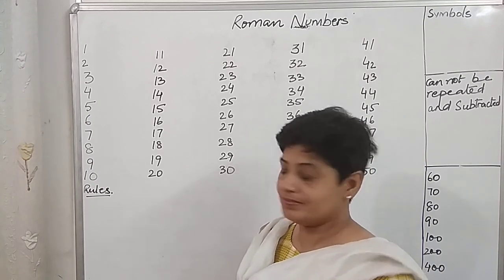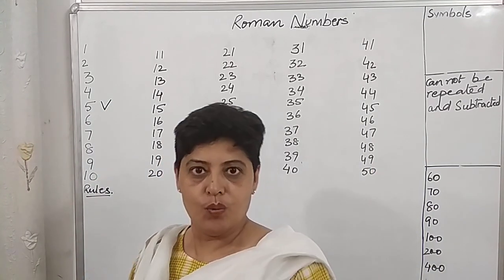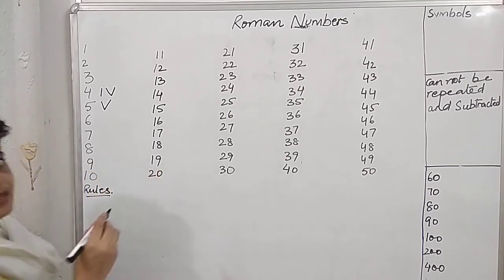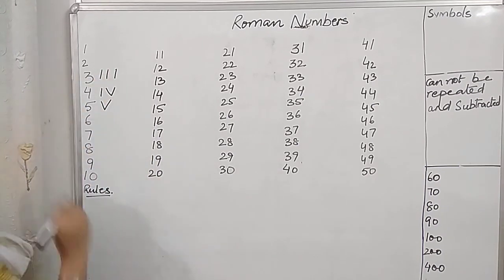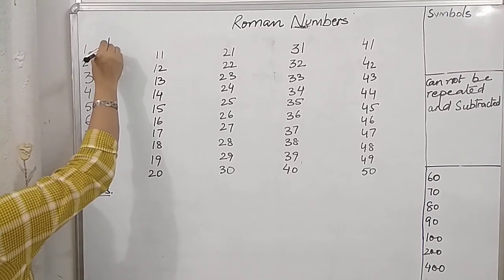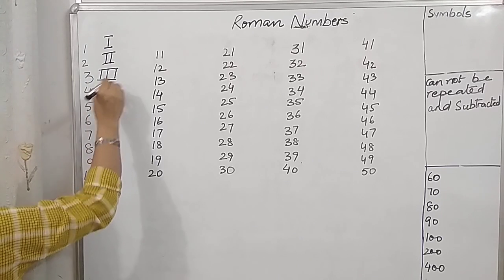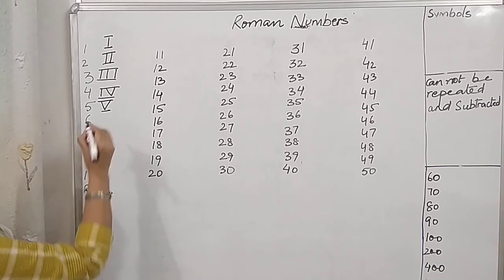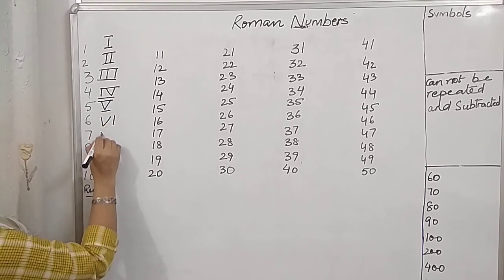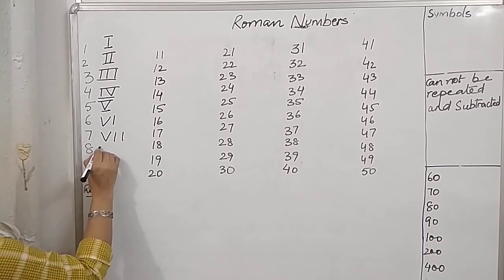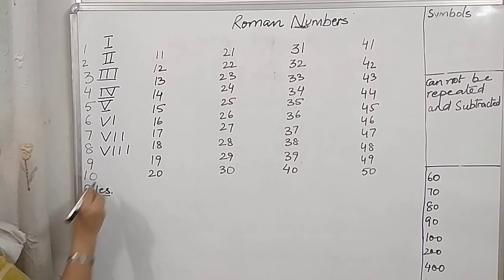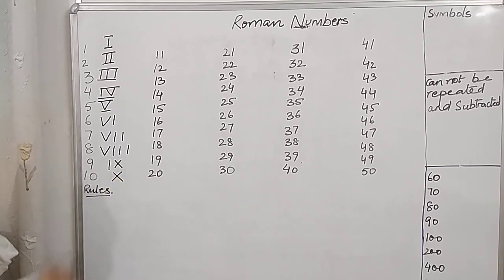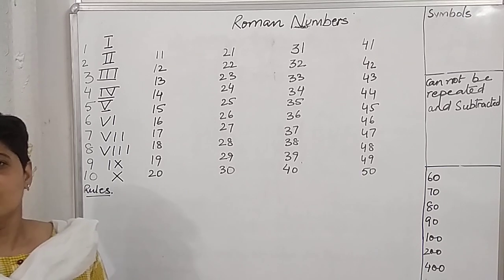How were we writing it in our previous class? 4, I and V. In class 3, 1, 2, 3 were written as I, II, III. Then in your next class, I'm sure you must know how it is written: V and I, 7 is written as VII, 8 is written as VIII, 9 is written as IX and 10 is written as X. Now first of all we'll study the symbols from 1 to 10.